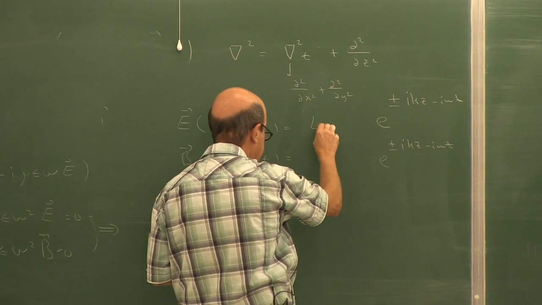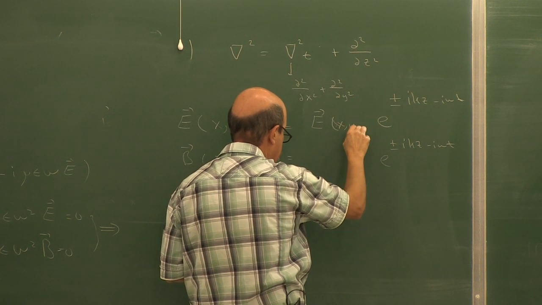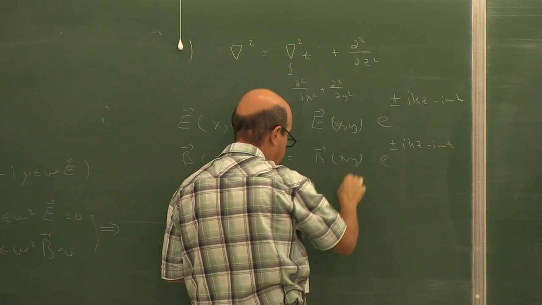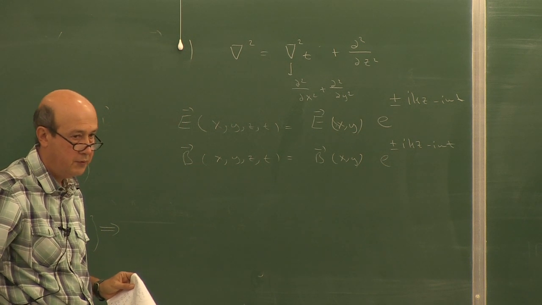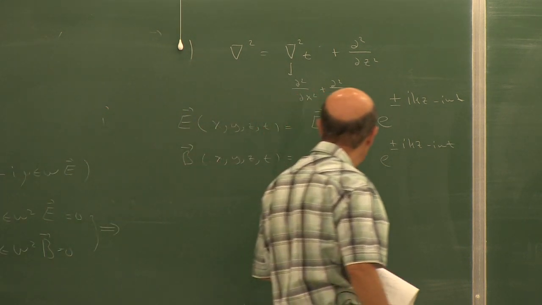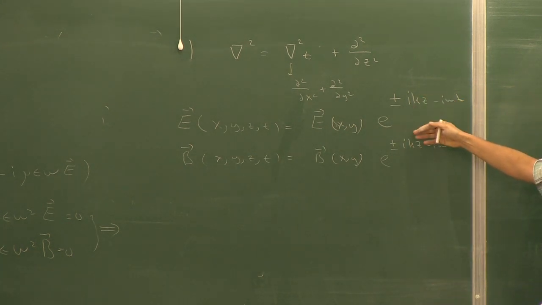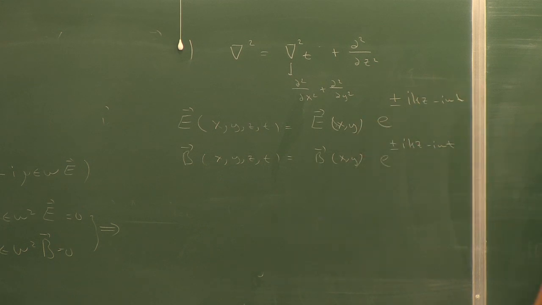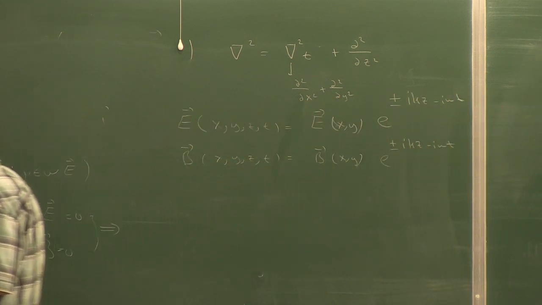Some dependence of E in terms of xy and some dependence of the B vector in terms of xy. So this is the form of the solution we will take. So in the propagation direction, we have some sort of plane waves, but in the transverse direction, we don't know the form. So depending on the geometry, we have to find the fields.